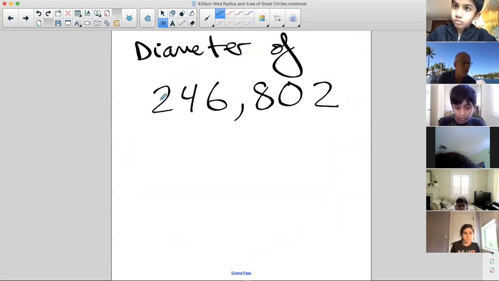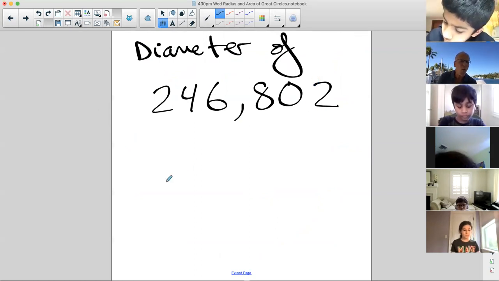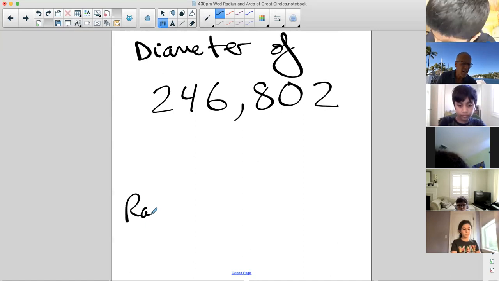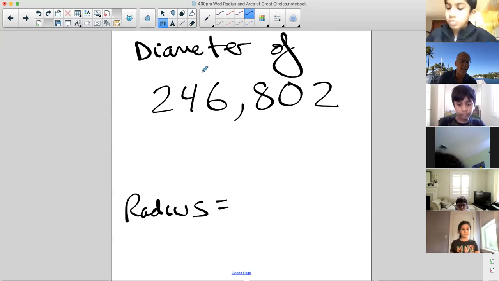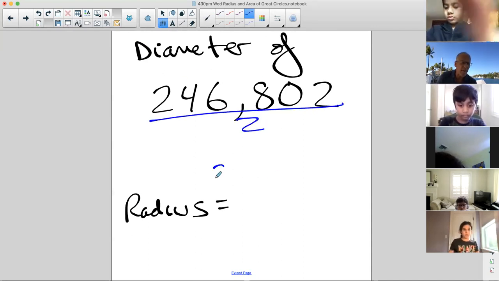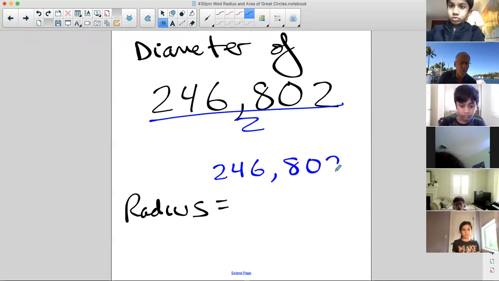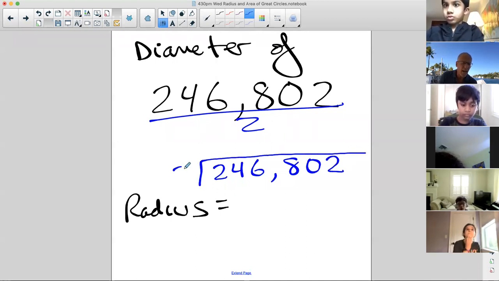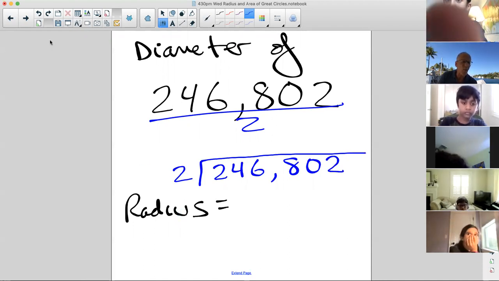If the diameter is 246,802, the radius, wouldn't I need to divide that diameter by 2? Mhm. And I want everybody to write down 246,802 and then make a little division sign and put a 2 there. And when you look up, I'll know that you're ready.